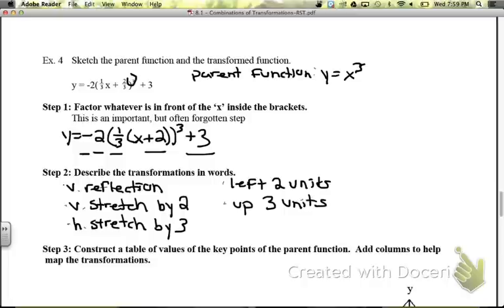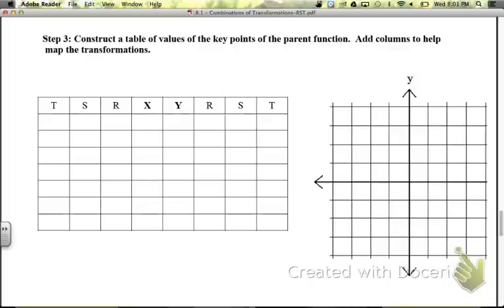So now we're going to start to construct our RST tables. Beginning with our parent function, y equals x cubed, we're going to start with -3 and go up to +3 for our x's.